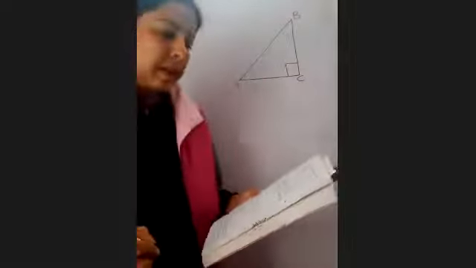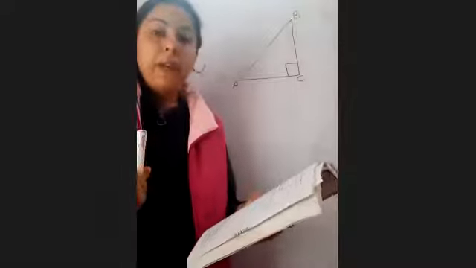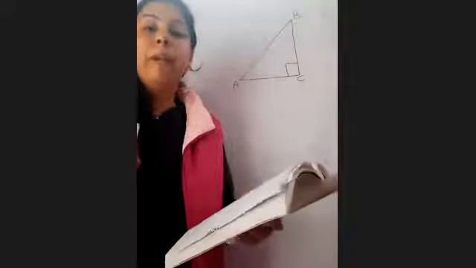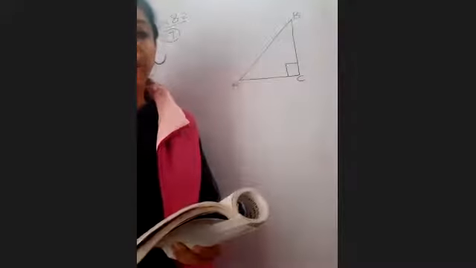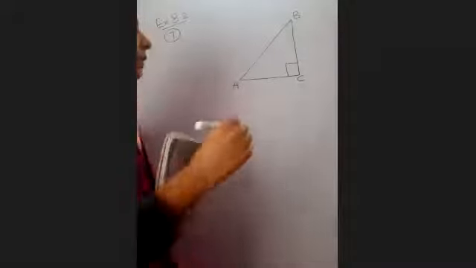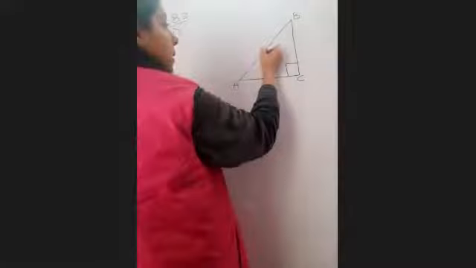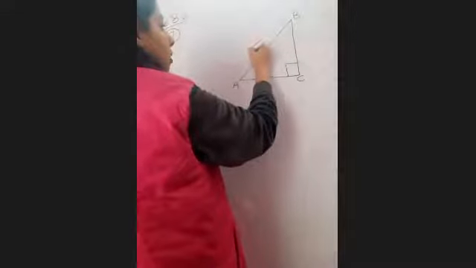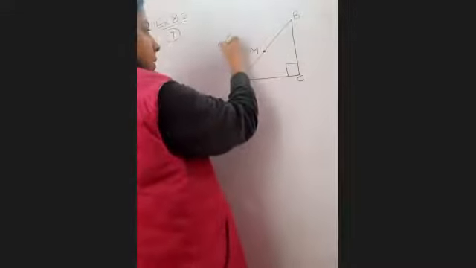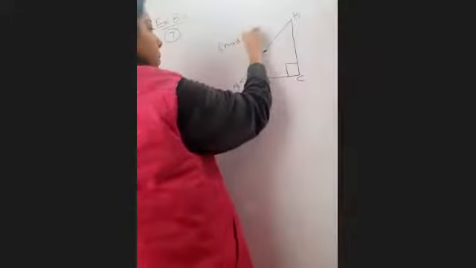Now read carefully. A line through the midpoint M of hypotenuse AB. We are given that M is the midpoint of AB.